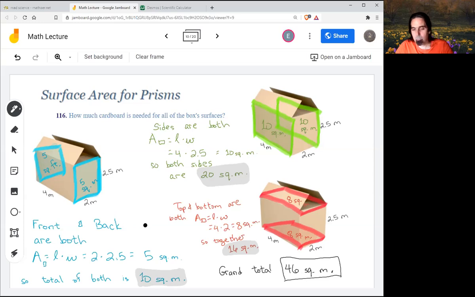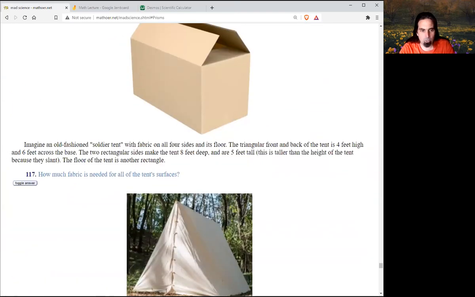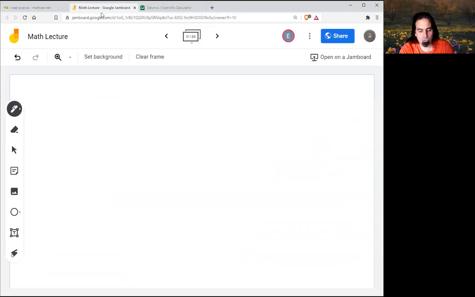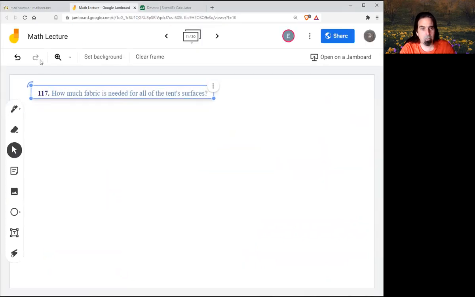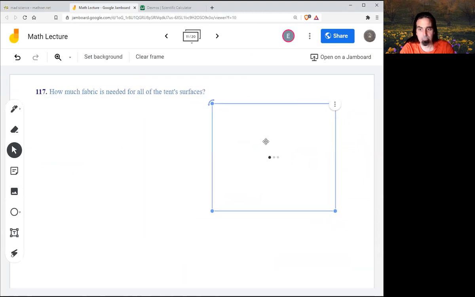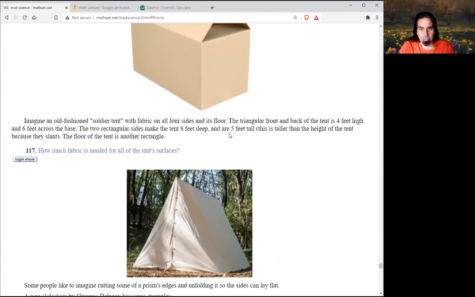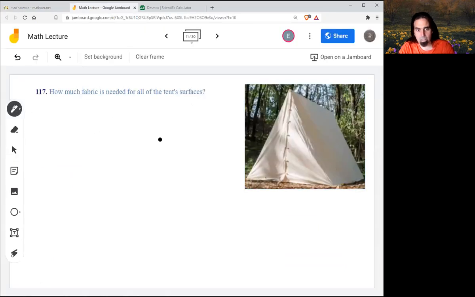So that was kind of boring. We were doing rectangles and more rectangles and more rectangles. So let's look at this soldier tent. It has 4 feet high and 6 feet across at the base.